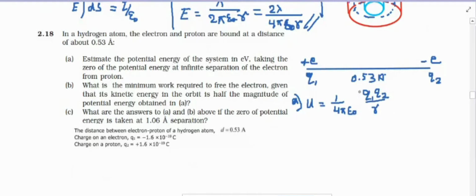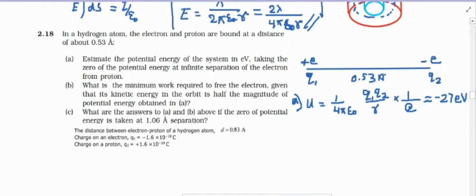If you just substitute the values here, you will get the answer in joule only. Joule you have to convert to electron volt, for which you have to divide by e. So when you solve the equation, one of the e's will be cancelled. The rest of the part you can solve, and you will get the answer, which is approximately minus 27 electron volt. Now that's the answer to part A.